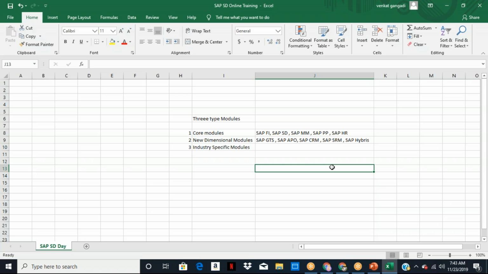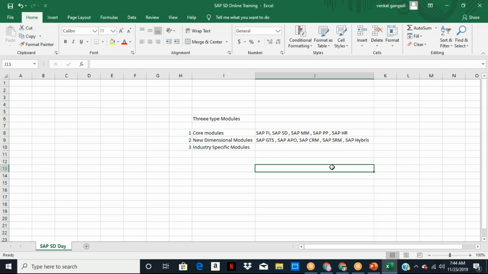In the SD module, when you create a sales order, you can check the product availability only at one plant level. For example, let us say you have 50 plants in the US, 50 states and 50 plants, and you are producing some food products.